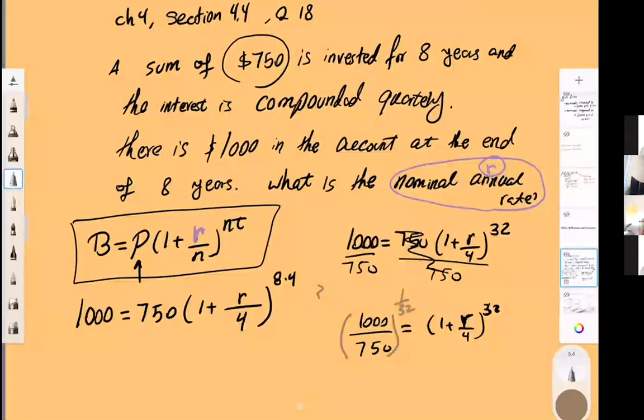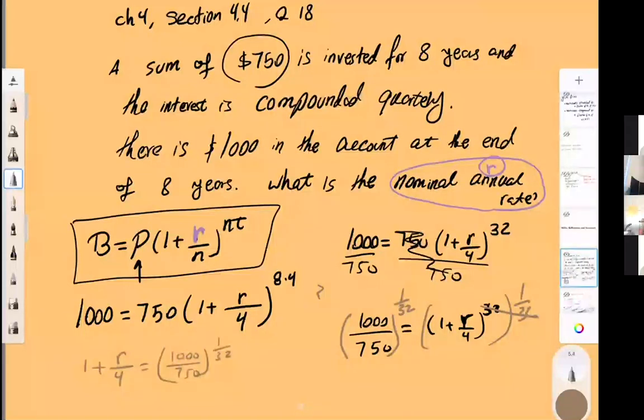The 32 is gone. So anytime you see a complex equation, don't just bring the log in. Now we have 1 plus r over 4 equal to 1,000 over 750 to the power of 1 over 32.